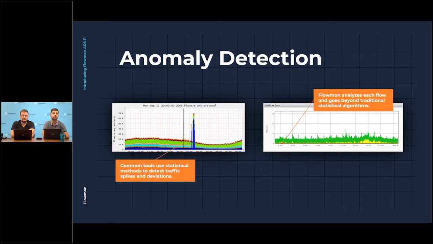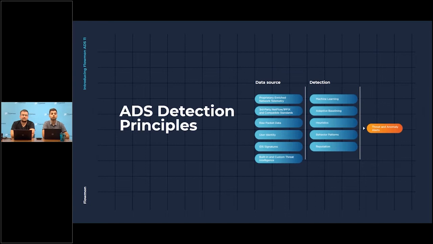They are considering every individual network communication, and they are looking for very small deviations in the behavior of devices and users. We use a combination of detection techniques that is applied on a variety of data.